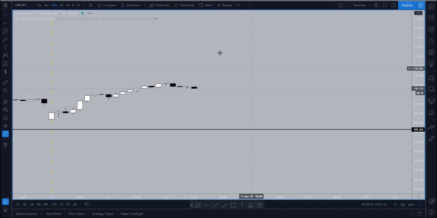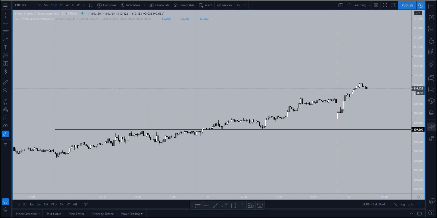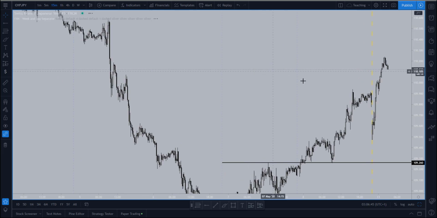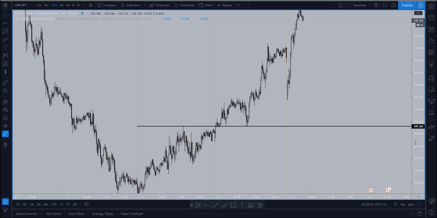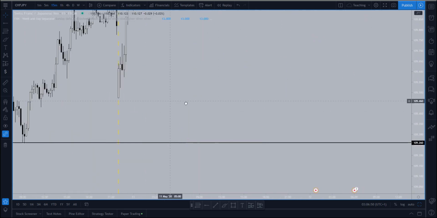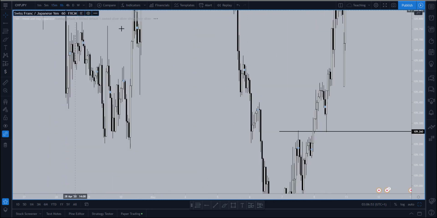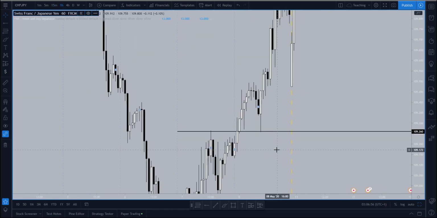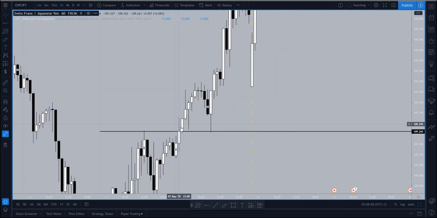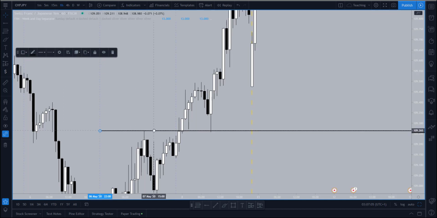If I drop down to the 15 minutes, this thing is powerful if you spend time to actually study it. Let's look on the 1 hour first and see when we did close above it. In here we closed above it. That's the level there. Right there we closed above it.